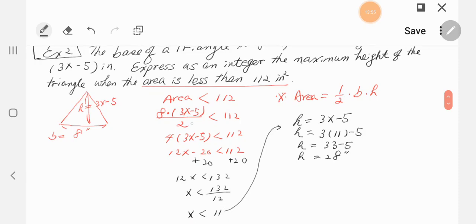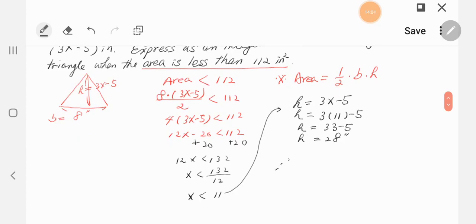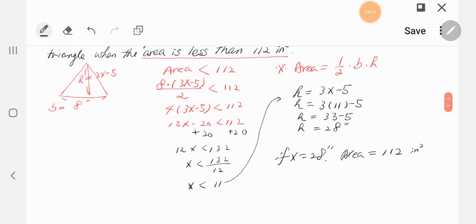But we plug in 11, right? So if we plug in 11, then the area is exactly equal to 112 square inches, right? So this one does not satisfy the inequality. The inequality must be less than this one.